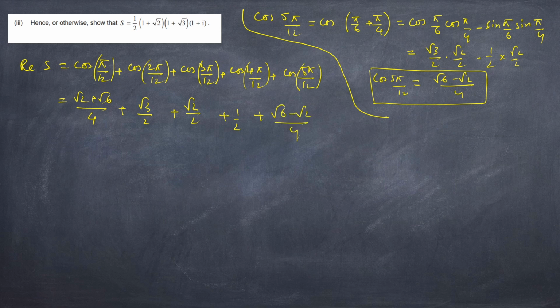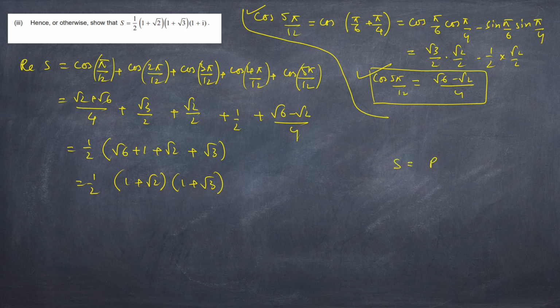To find the value of this particular part, we have calculated it already. So from here we can write 1 by 2, then root 6 plus 1 plus root 2 plus root 3. Just simple common factor here. So we can write 1 by 2, then (1 plus root 2) into (1 plus root 3). Again, for S, we can write real S into (1 plus i), as the real sum is equal to the imaginary sum.